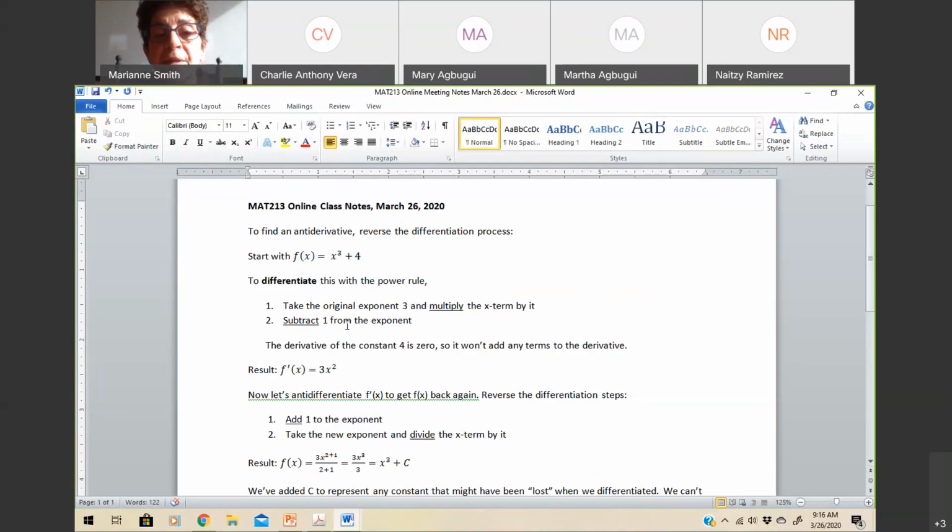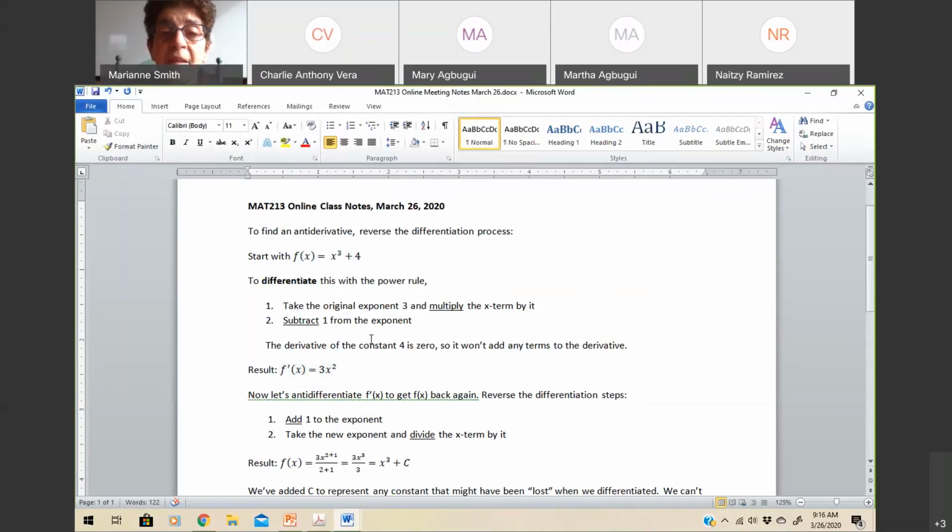The derivative of the 4 is 0, because the derivative of any constant is 0. So it really doesn't matter what this constant is. We're going to see later, when we reverse the process, what this creates. But for now, don't worry about the constant. Focus on the x term.